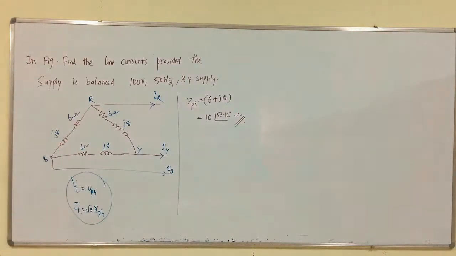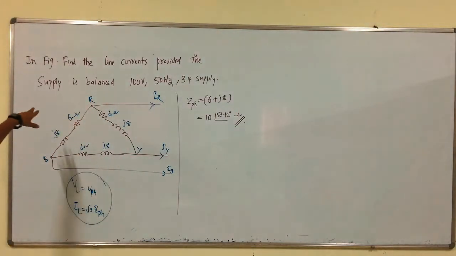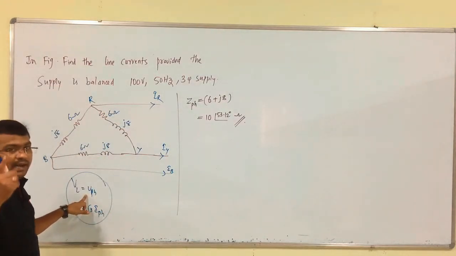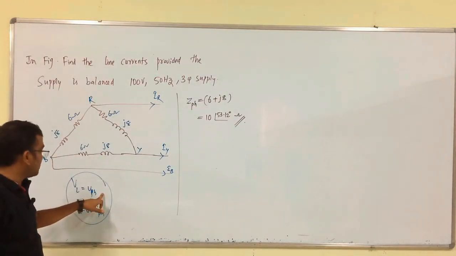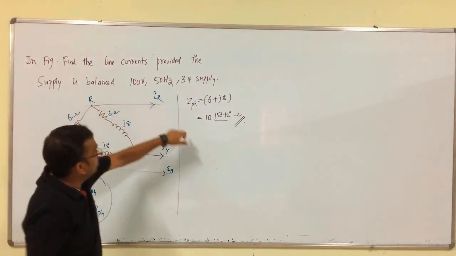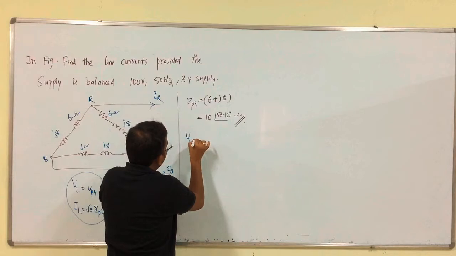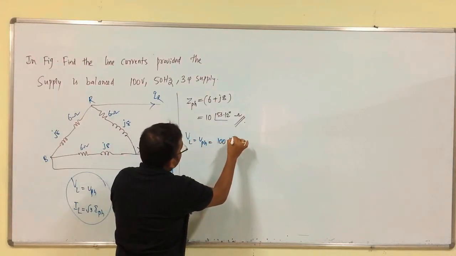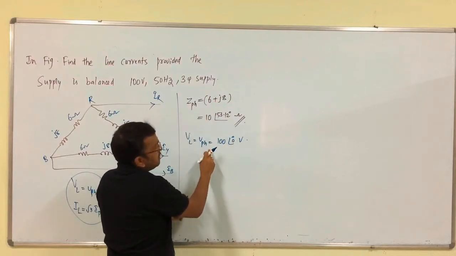And we have to find the line currents provided the supply is balanced and 100 volts. Here we all know that in a delta connected supply system VL equals V phase. So, this is the line voltage as well as the phase voltage. VL equals V phase equals 100 at an angle 0 degrees volts. So, we have Z phase and V phase.